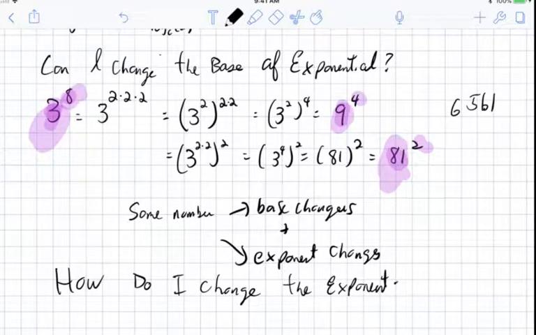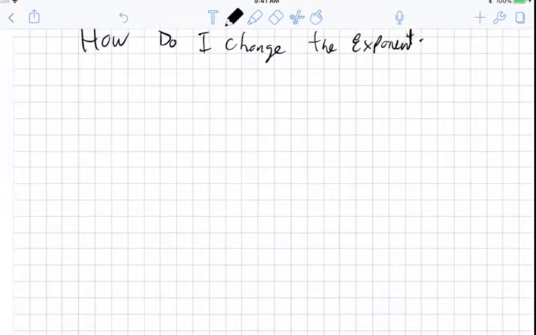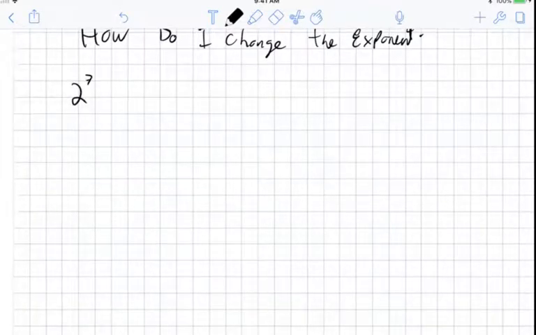Let me write it like this. 2 to the 6 is equal to 4 to the that. What does the exponent change to?